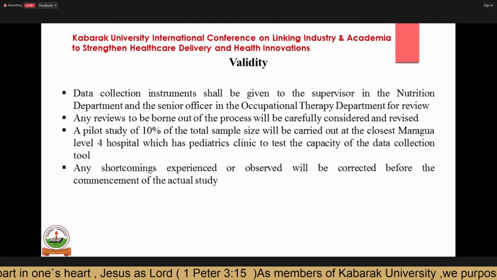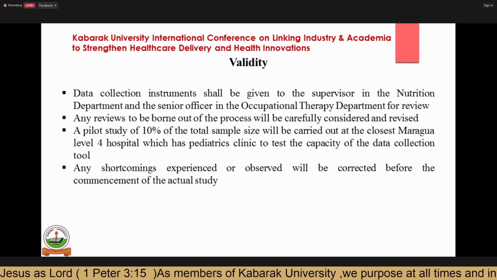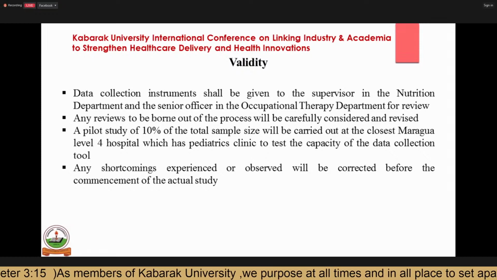My data collection instrument shall be given to the supervisor in the nutrition department and also the senior officer in the occupational therapy department for review, and anything that comes out will be revised.